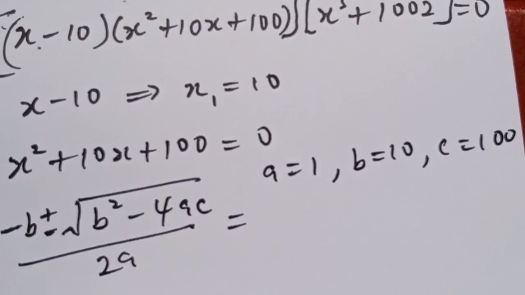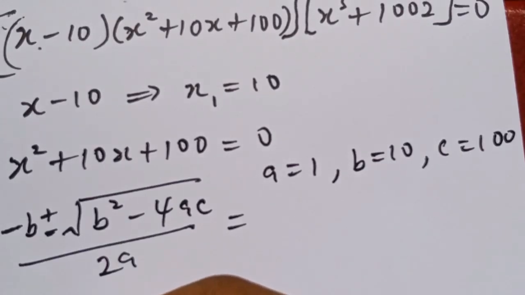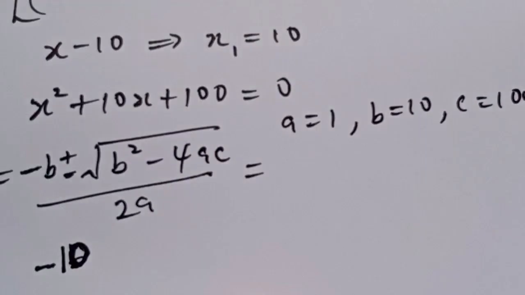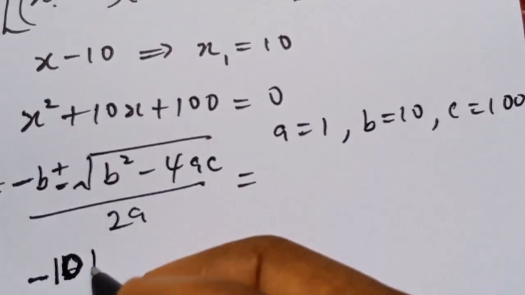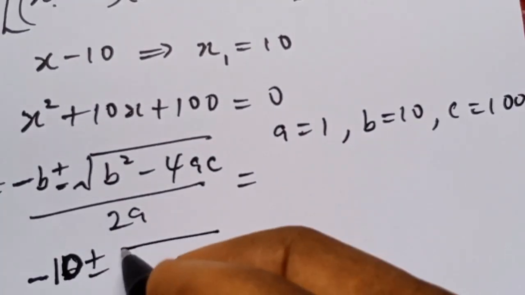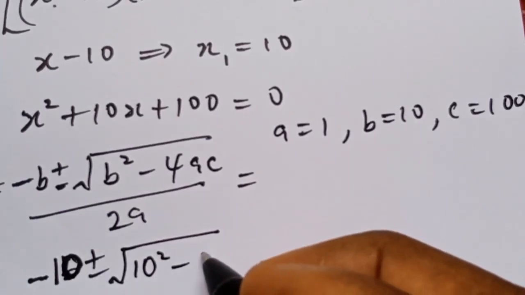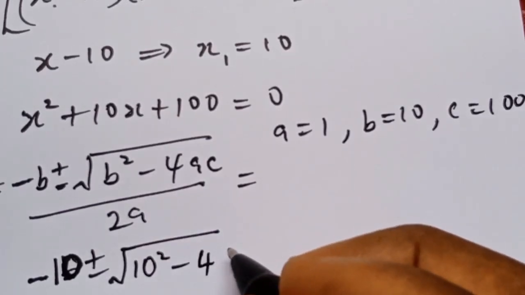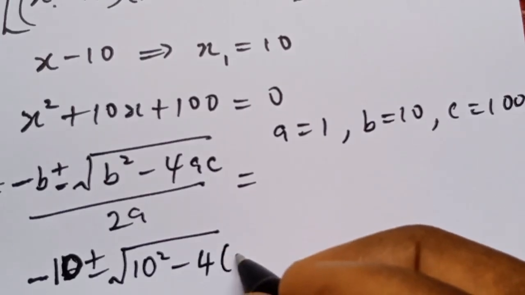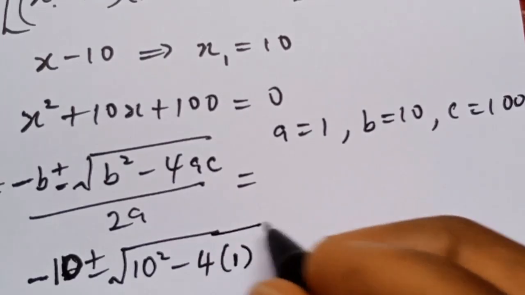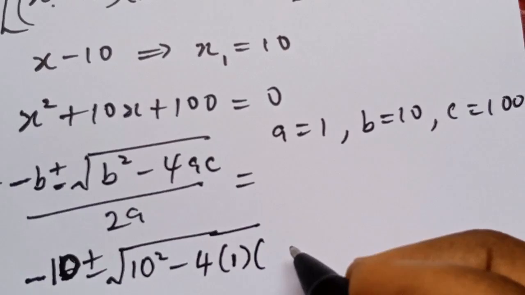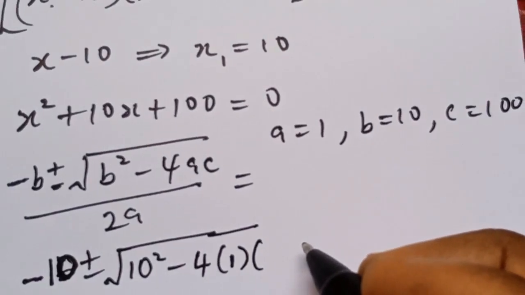We have minus 10 plus or minus the square root of 10 squared minus 4, which is a, multiplied by 1, then multiplied by c, which is 100.